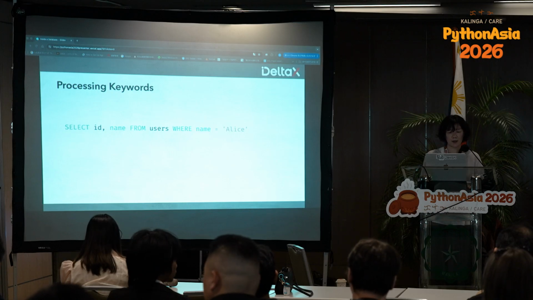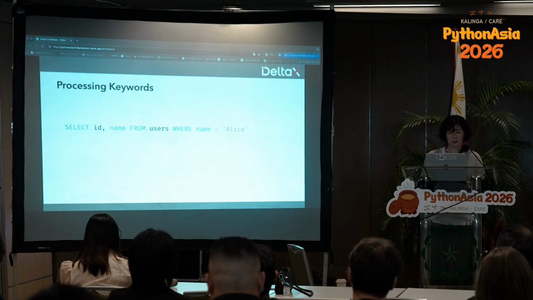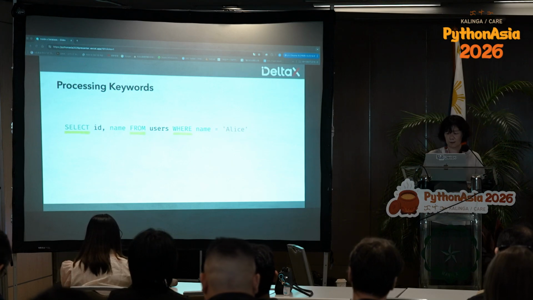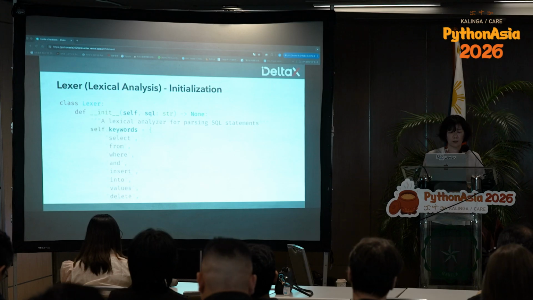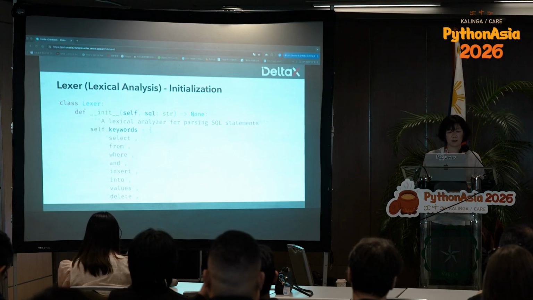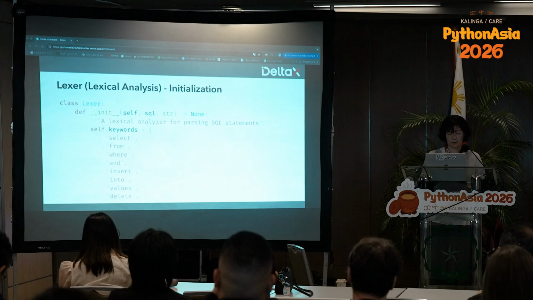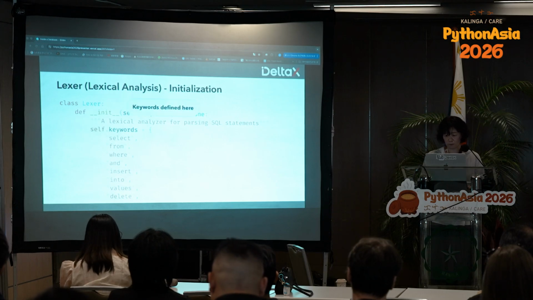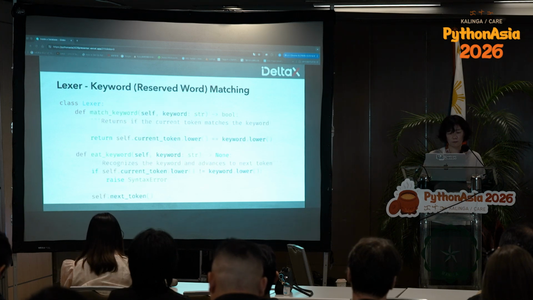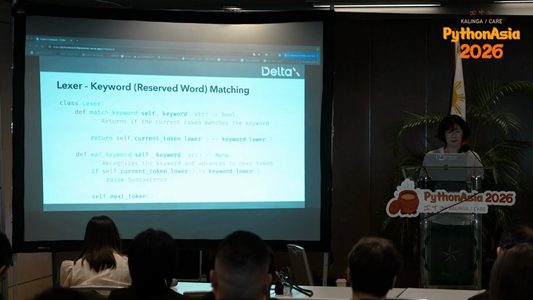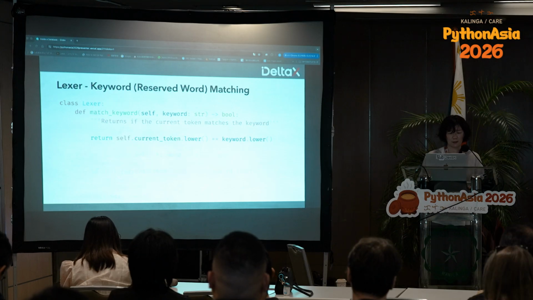Next, how the lexer handles keywords like select, from, and where. Keywords are defined here as reserved words. The lexer class has a match keyword method that checks if the current token matches a reserved word.